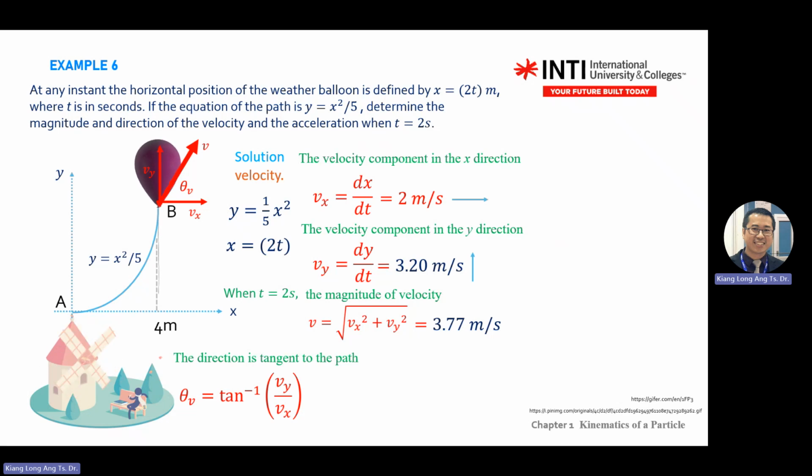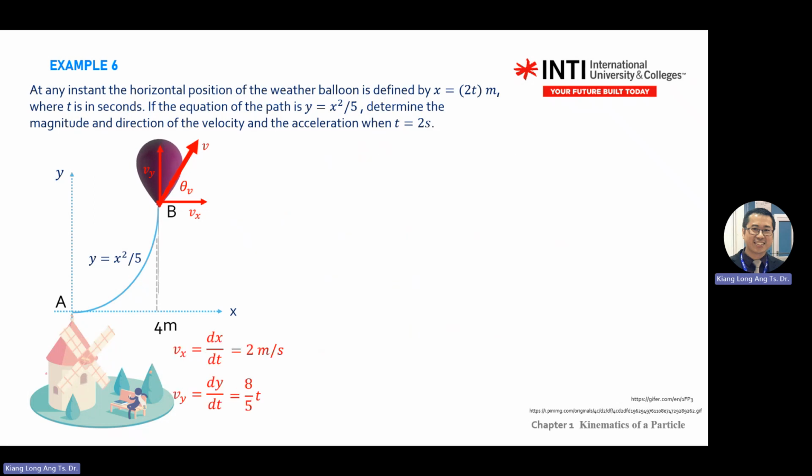Tangent equals opposite over adjacent side. This is a triangle. You can move this one to here. Okay. Get 58 degrees. Once you find that, remember to tell from where. 58 degrees from where? From the horizontal axis. Here, from the horizontal axis.